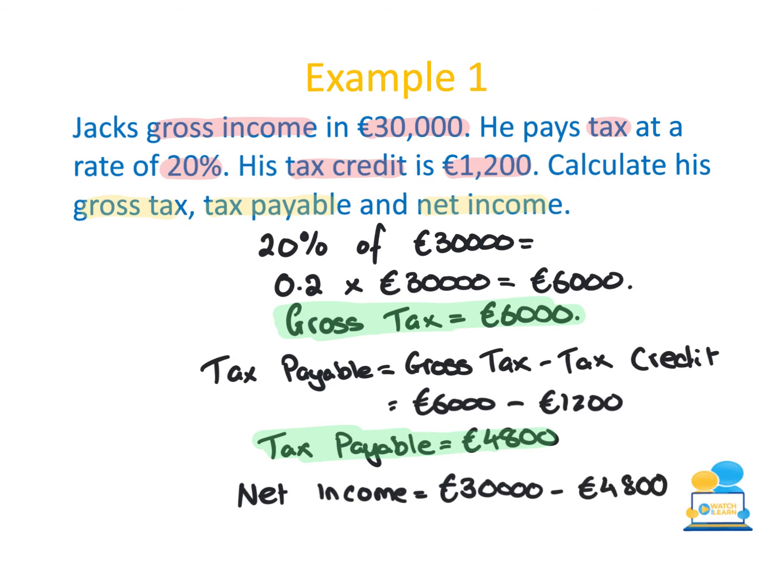That's the only deduction that he has coming from his salary. That gives me an answer of 25,200. And that is Jack's net income. That completes this first example.